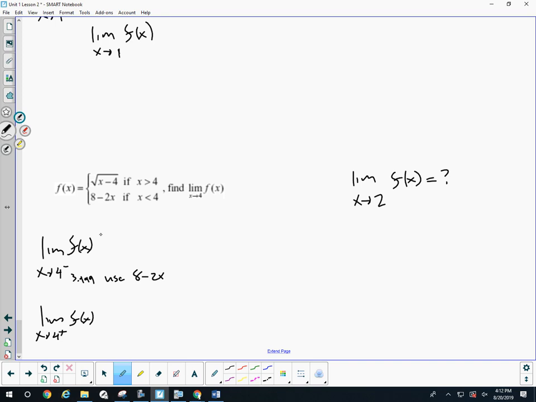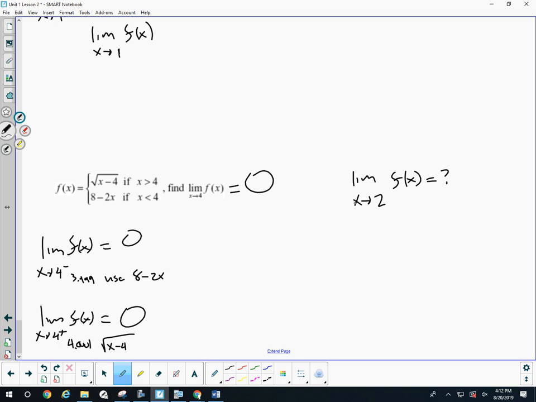Now I can plug 3.999 in here, but it's just going to approach what 4 is plugged in there. If you plug 4 in here, you get 0. Okay. 4 from the right, 4.0001. I'm going to use the square root of x minus 4. Plugging this in is the same. It's going to get you values that are approaching 4 plugged in, which gets you 0. Since this equals this, this is 0.